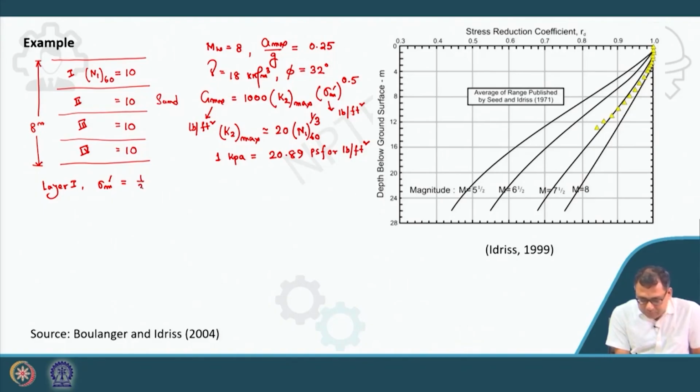So this is 1 by 3rd of sigma v dash times (1 plus 2 k0). Okay. So what will sigma v dash be? I am taking the middle of this layer, and every layer has a thickness of 2 meter. Okay. This is also 2 meter.